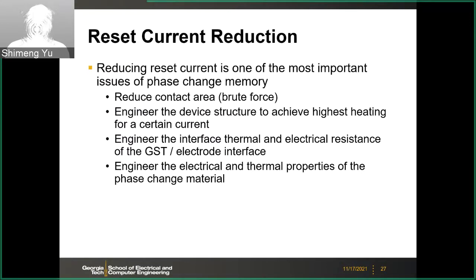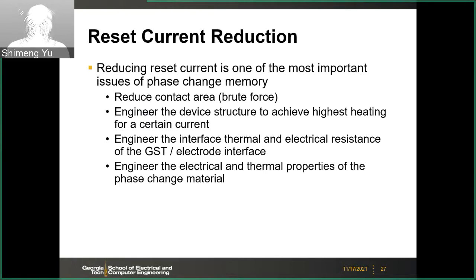So this is one of the most important issues of the phase change memory, because that current directly related to your power consumption during the write operation. Of course, we want low power. We need to reduce the reset current.